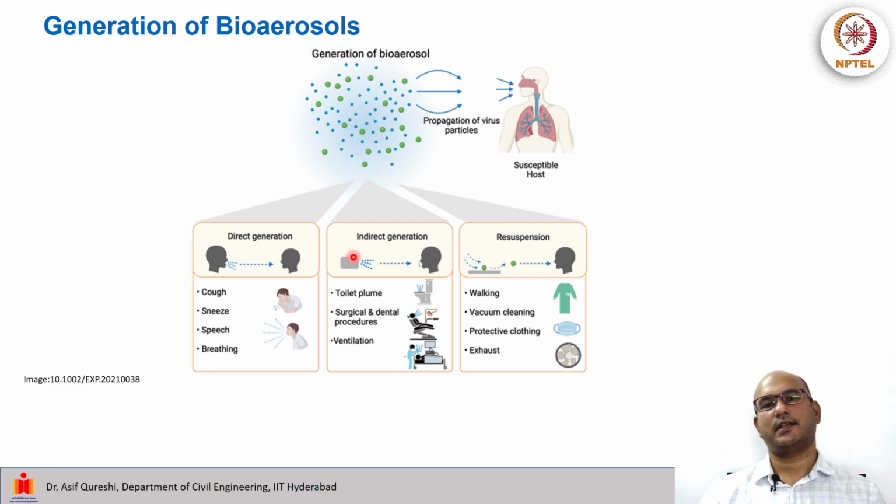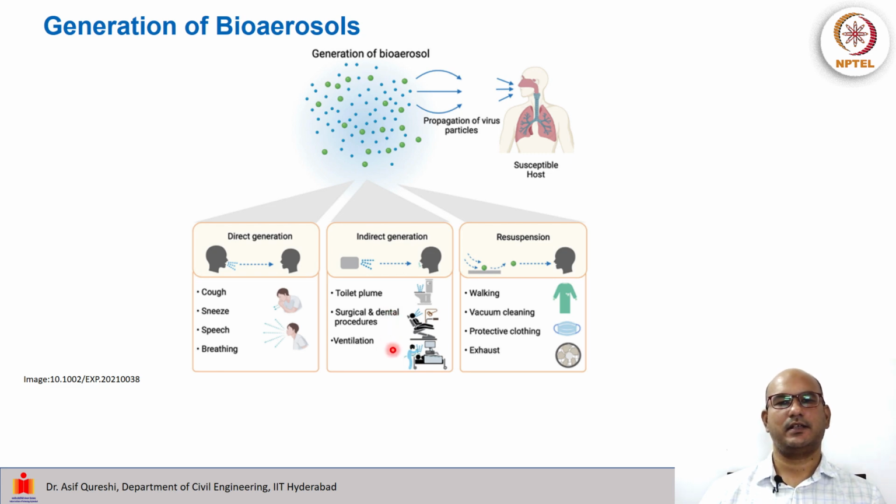There can be indirect generation, for example from toilet plumes. That may emit a lot of bioaerosols which can be in the bathroom, and if the bathroom is open to a room, they can come into the room. Then in surgical and dental settings, a person's mouth is open, so there may be some emissions and contribution to the indoor bioaerosol.